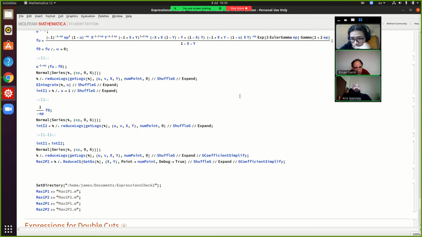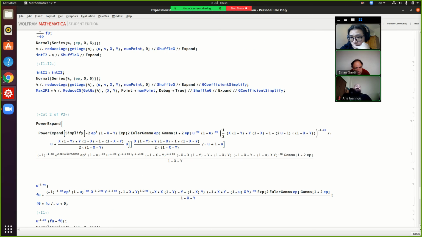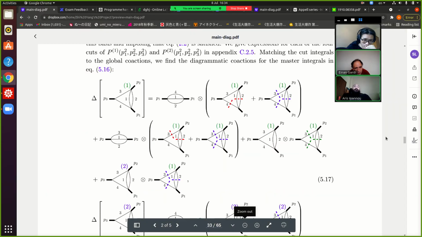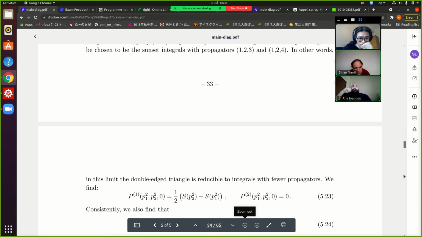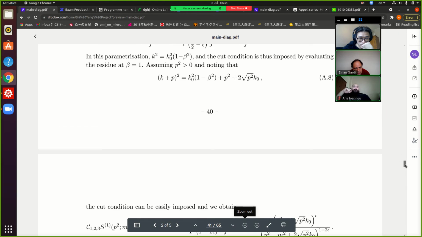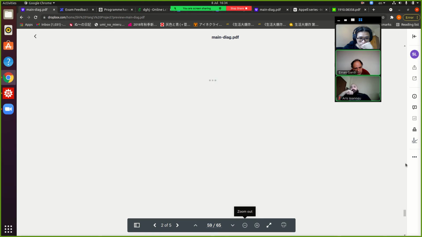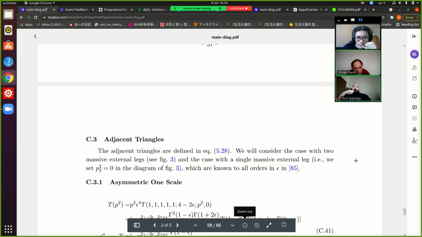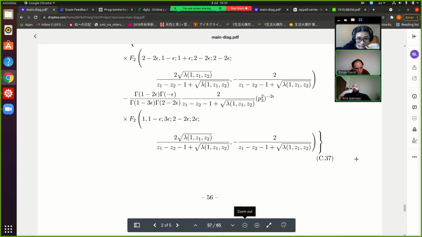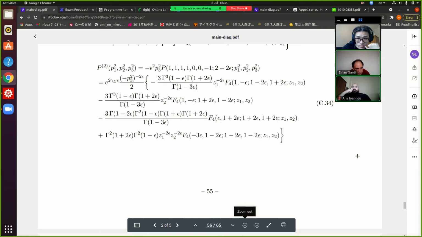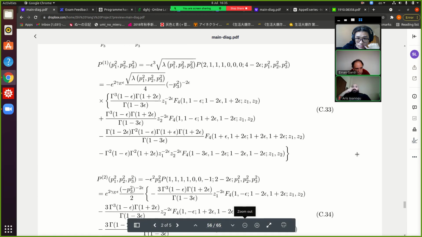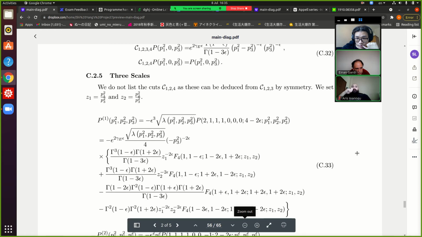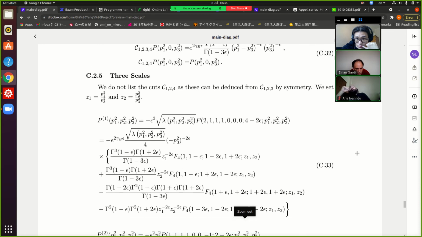So let's go back to the paper, and now go to Appendix C. Right. Now let's see how they look before expansion. Precisely here.